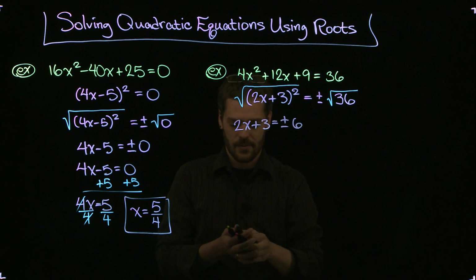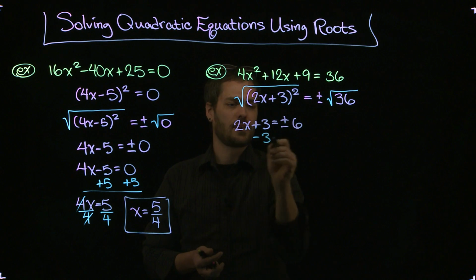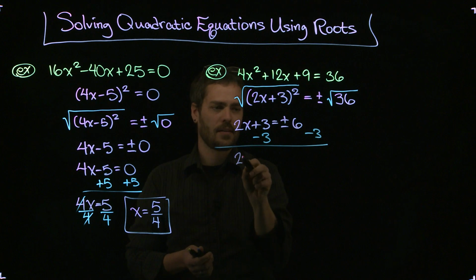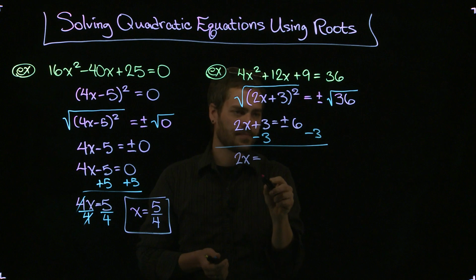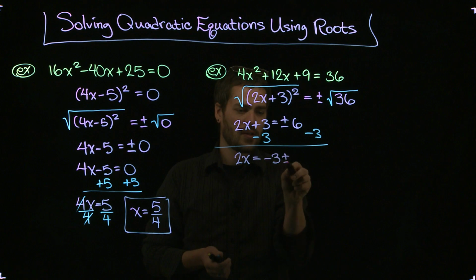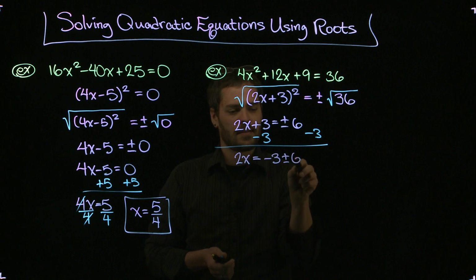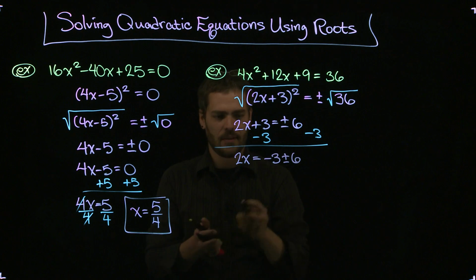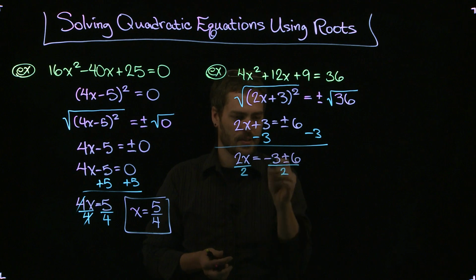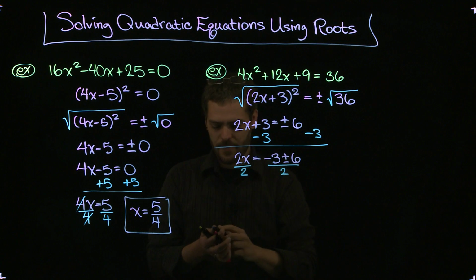At this point, I will subtract 3 from both sides, which gives me 2x equal to, I like to put this term first, so negative 3 plus or minus 6, and then divide both sides by 2, and I put the bar under everything. You can do it under each term, or you can put it under everything.